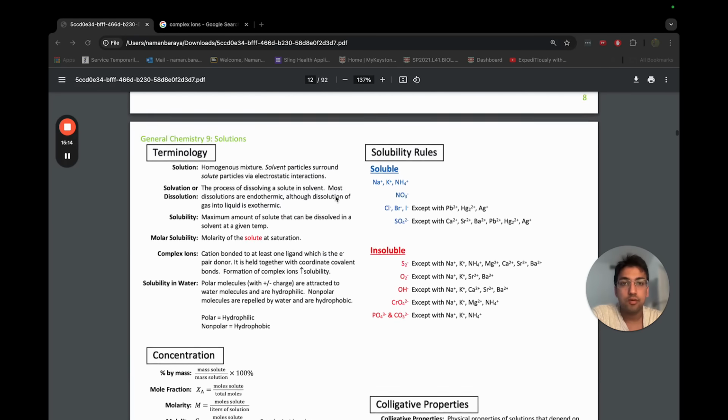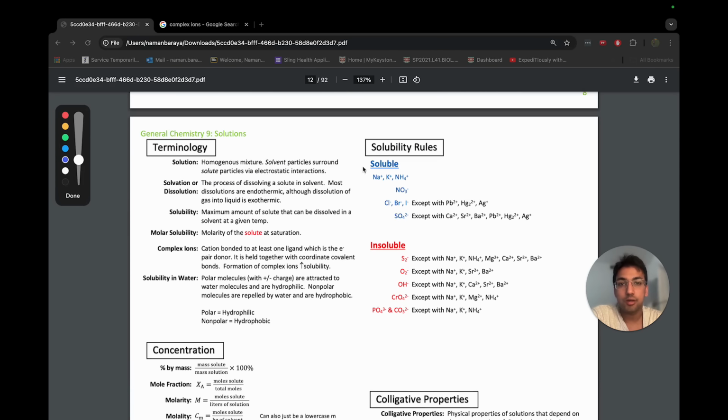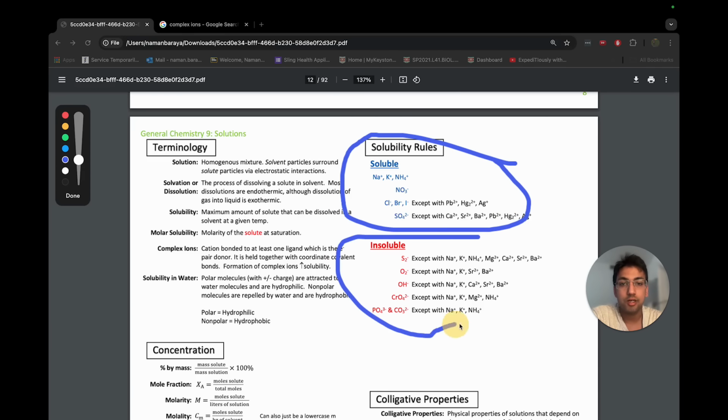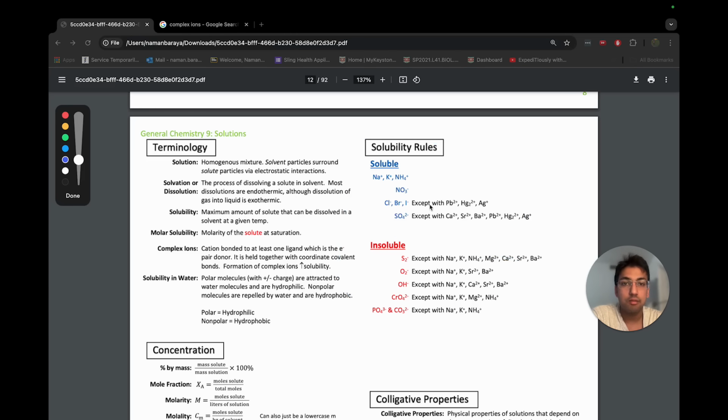Okay, now we're on solubility rules. I would just try to memorize these. If you haven't memorized them from chemistry class already, I think the best way is to look at the periodic table and memorize from there. Sodium, potassium, and ammonium are always soluble. Nitrate is always soluble.